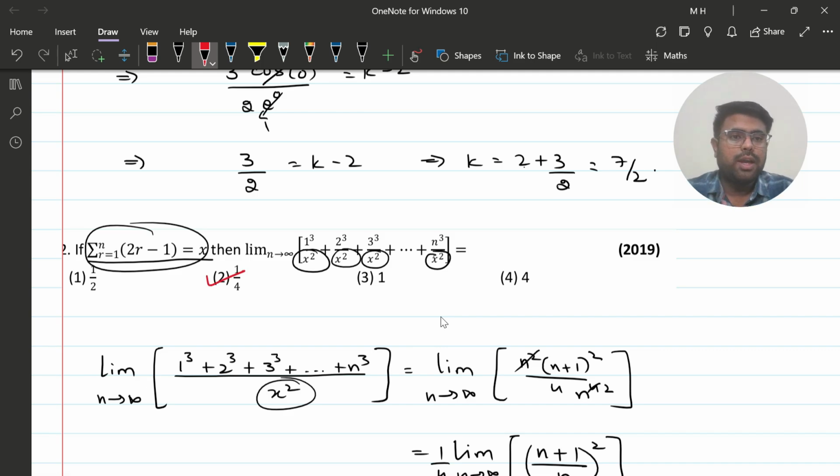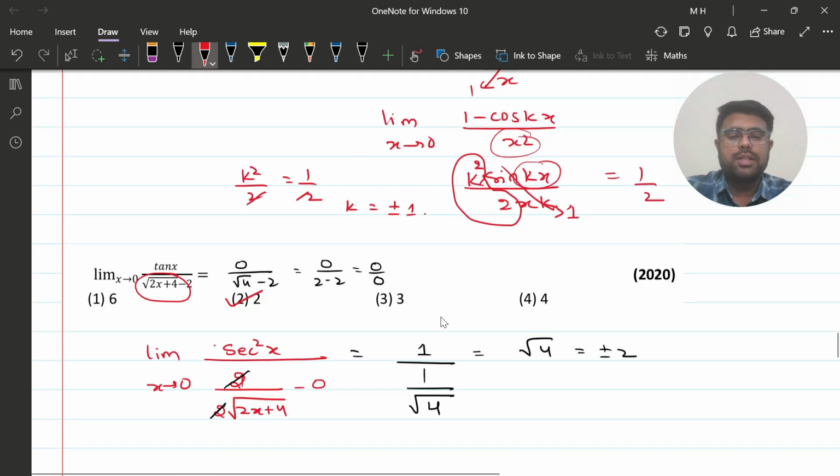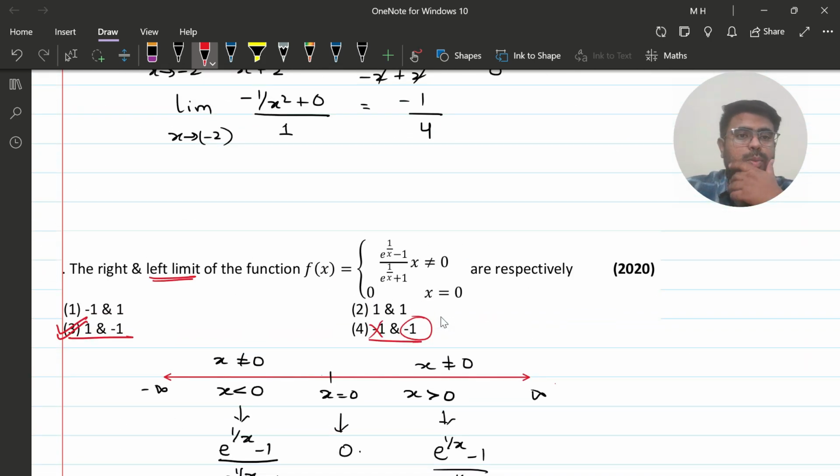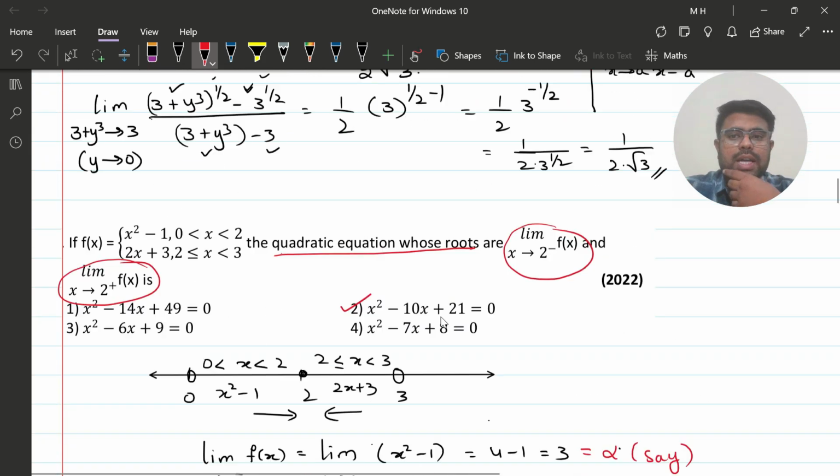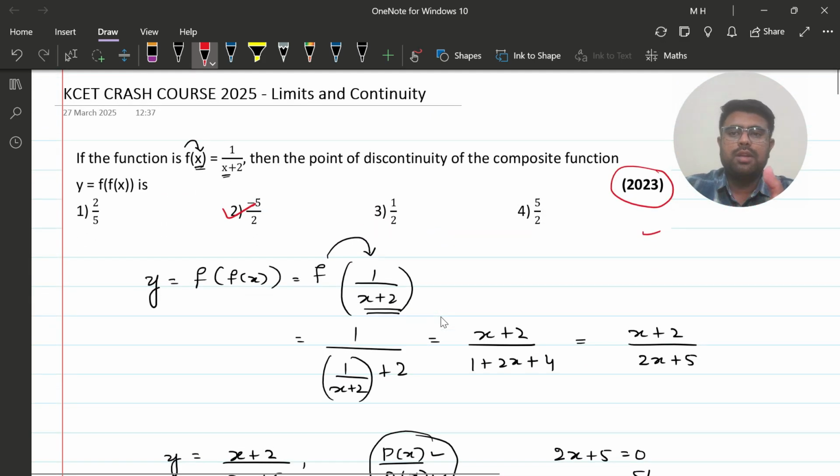Okay, I hope I have covered almost all the concepts which are going to appear from this chapter. I also request that you solve more and more problems, because as far as calculus is concerned, we started from limits today, and we have also done continuity. Tomorrow we are going to do differentiability and differentiation.